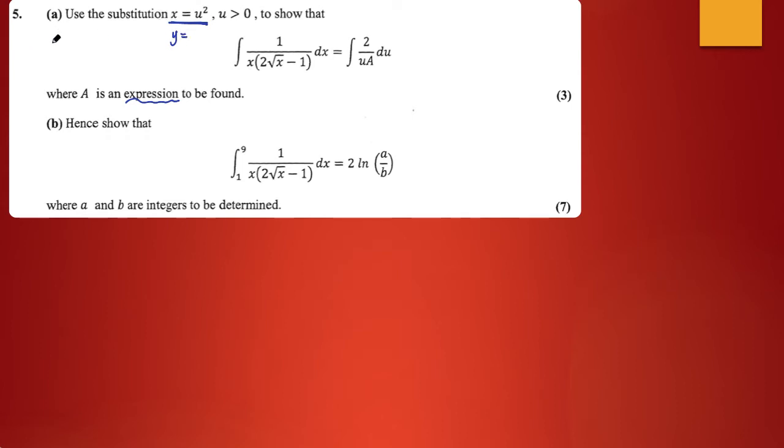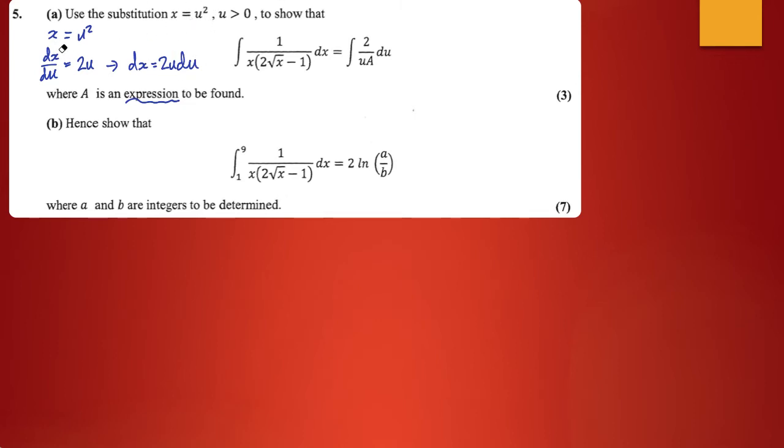So my substitution here: if x equals u squared, then dx by du equals 2u, just differentiating both sides with respect to u. And I want a replacement for dx, so that leads me to dx equals 2u du. Very easy to get that the wrong way around at the beginning.